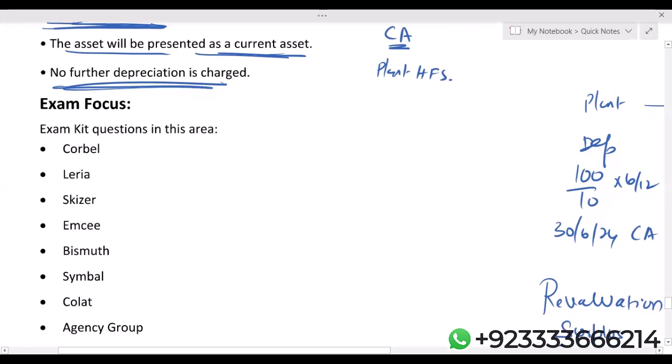I'll be discussing a number of IASs, plus we'll be discussing the kit questions as well. By Monday or Tuesday at the latest, I will share the questions in the WhatsApp group, saying which questions and which IASs or IFRSs we are going to discuss.